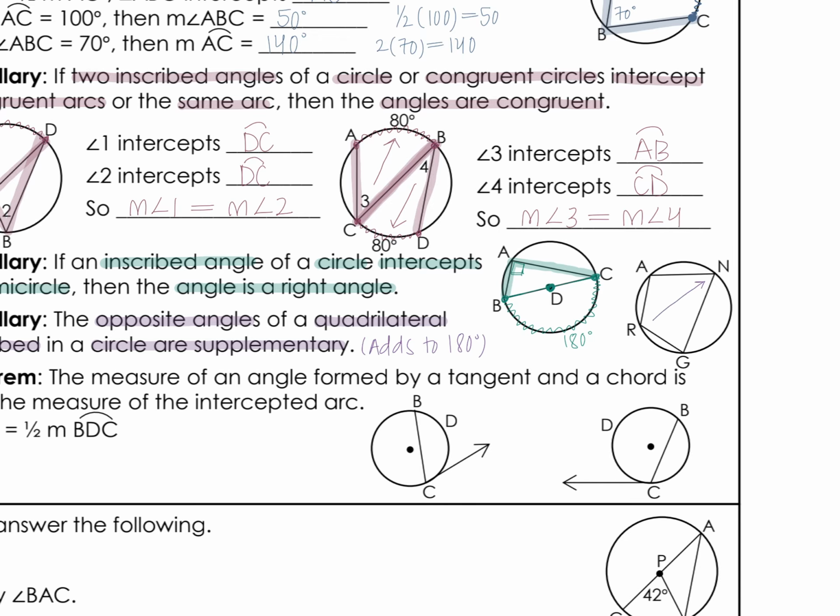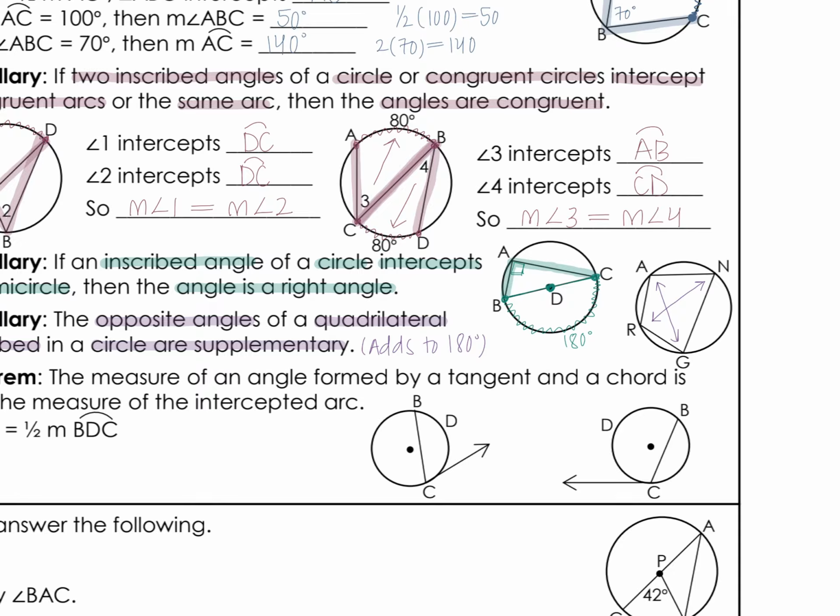So angle R and angle N are going to add up to 180, and angle A and angle G are going to add up to 180. This is a little bit different than what we've been talking about with our quadrilaterals, but that's because this isn't specific to parallelograms or anything like that. But let me explain a little bit of why this is happening.